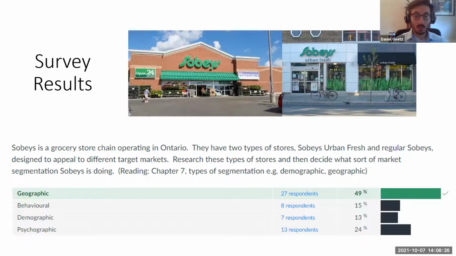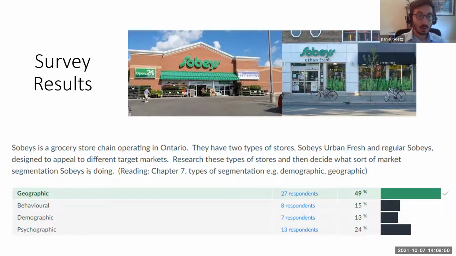So starting with geographic, is Itza Jiang here? Itza looks like not here. Okay. All right, so another geographic.